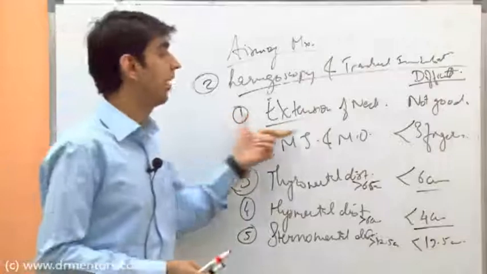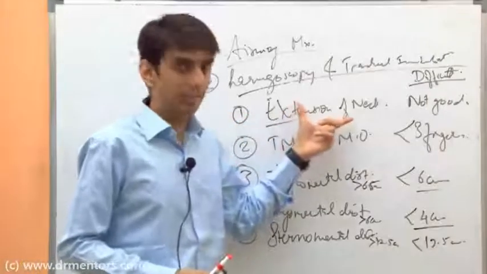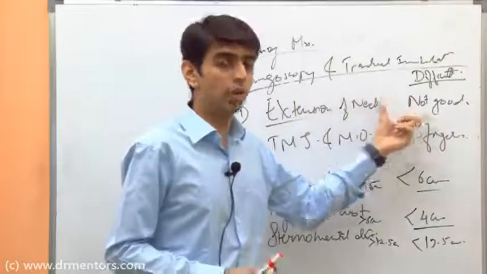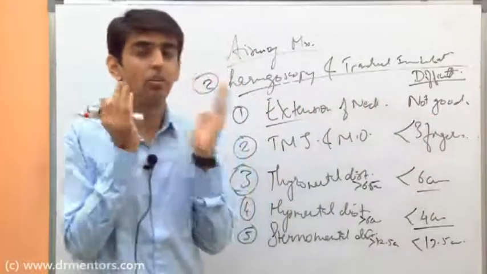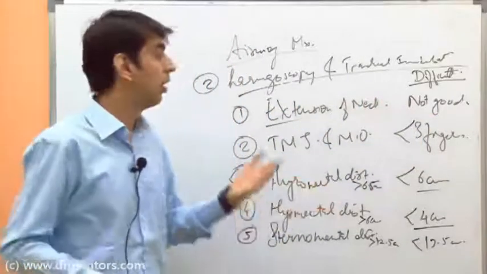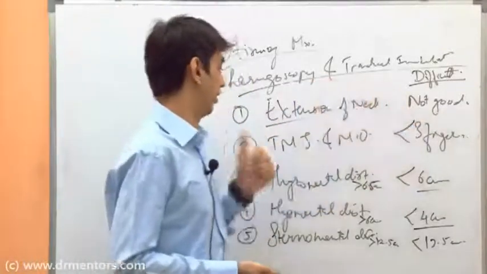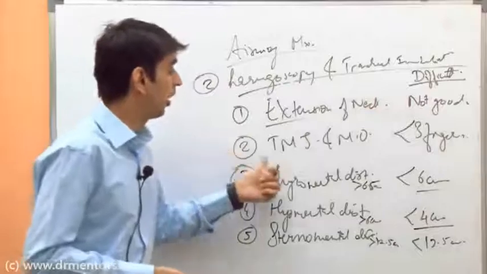Which are they? The neck extension at the atlanto-occipital joint. If it is restricted, which might be because of various causes like spondylosis or long-standing diabetes, then it is a predictor of difficult intubation.